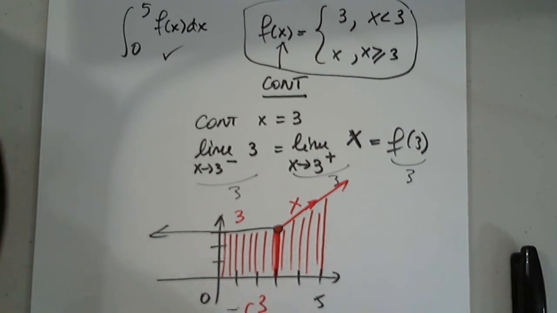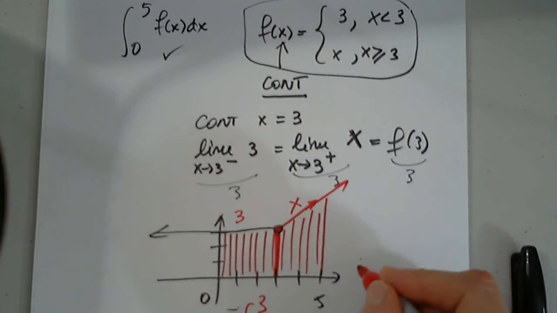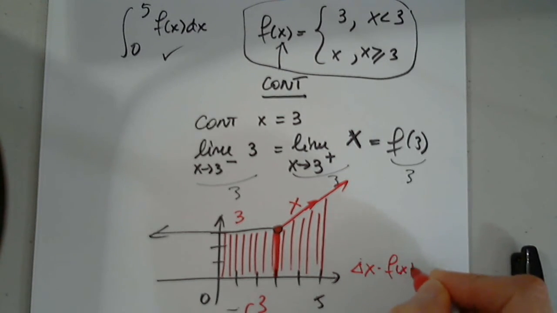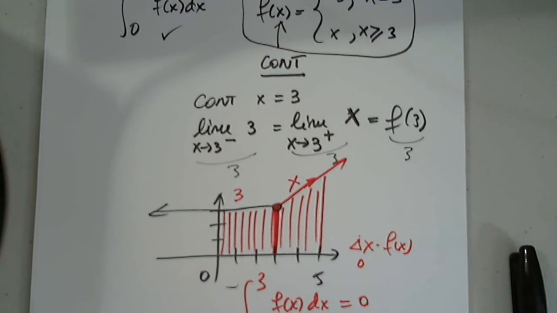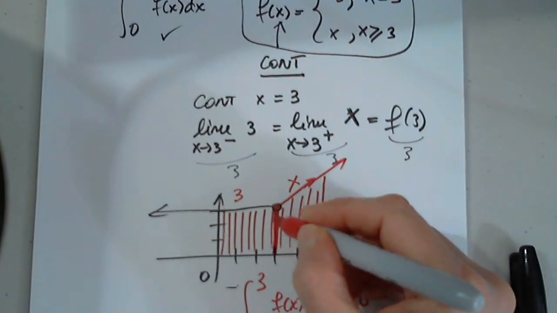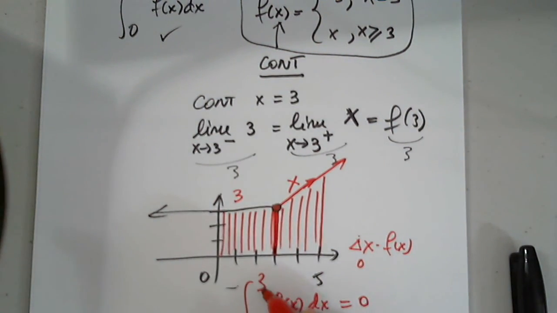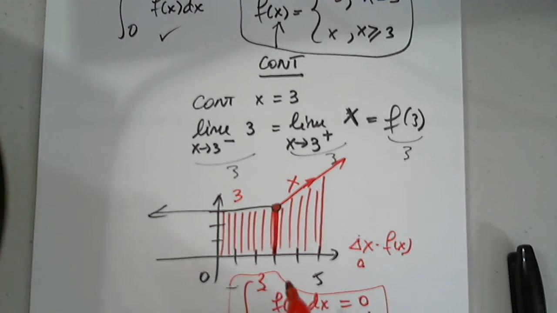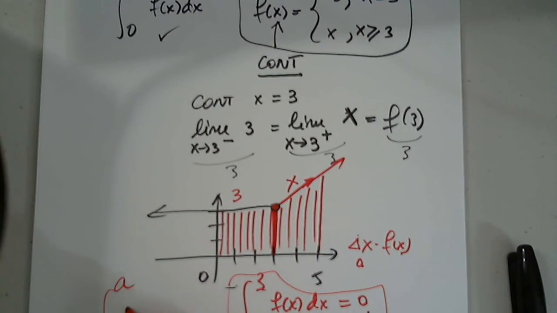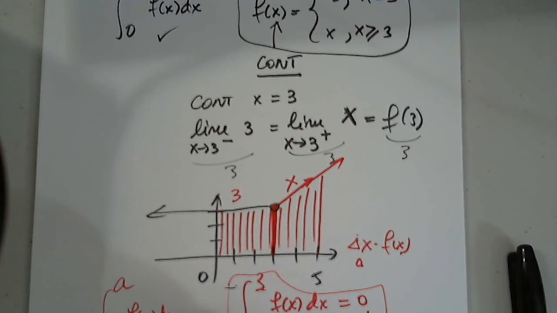When I calculate the area of delta x times f of x, 3 minus 3 is 0. So the width of this interval, from 3 to 3, is 0. So 0 times f of x will be 0. This is one of the properties of the definite integral. The integral from a to a of f of x dx will always be 0. But this is less important.